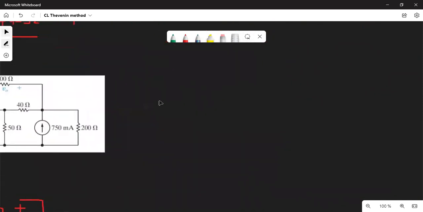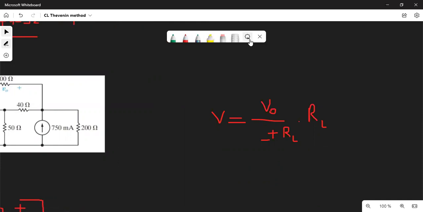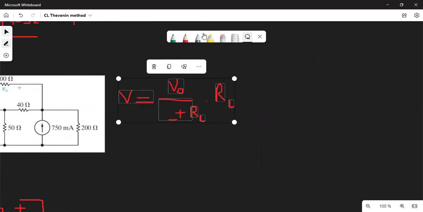Let me copy it and paste it here. V0 is Thevenin, it's already found, so you can put in all values. But we also have to find the Thevenin resistance.